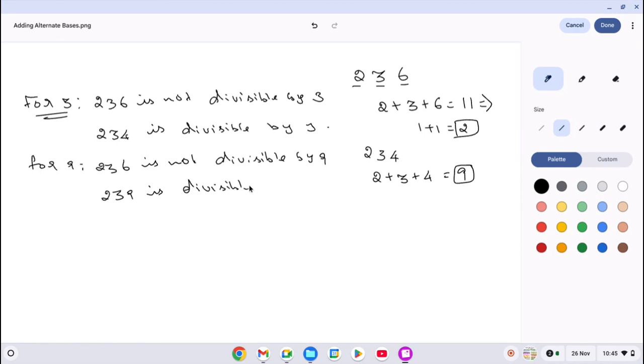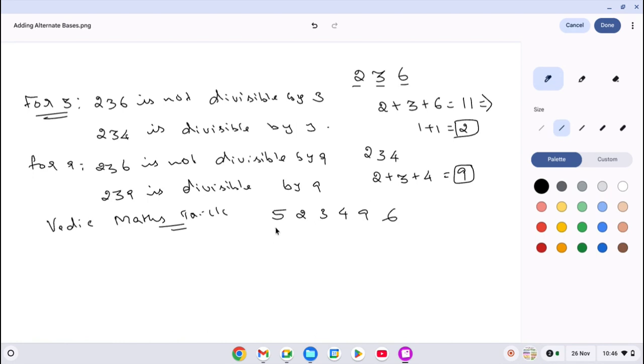So we can conclude by checking the sum of the digits. For the sum of the digits, we have to know a Vedic maths trick. What is the Vedic maths trick? If you have a big number like this, 5, 2, 3, 4, 9, 6, taking the sum of the digits is a little bit tough.